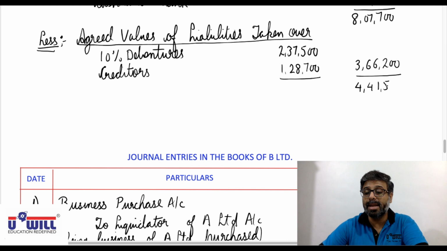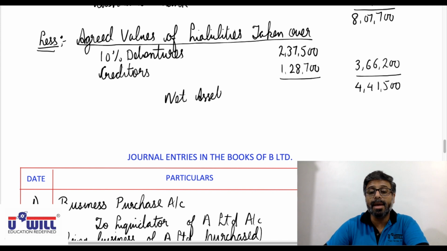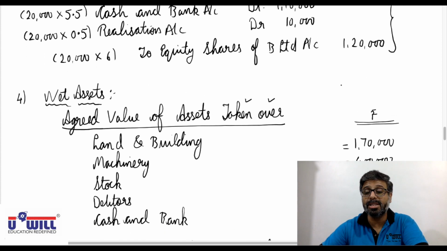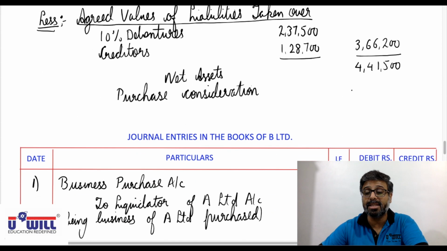This is net assets. Now net assets we have to compare with, yes, purchase consideration. So how much purchase consideration did we already obtain? Check it in working note 2. We obtained purchase consideration 5,60,000.